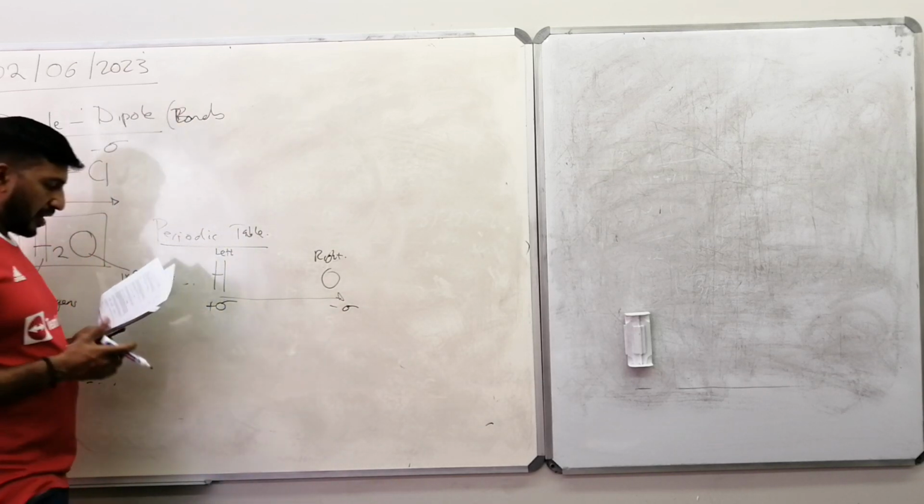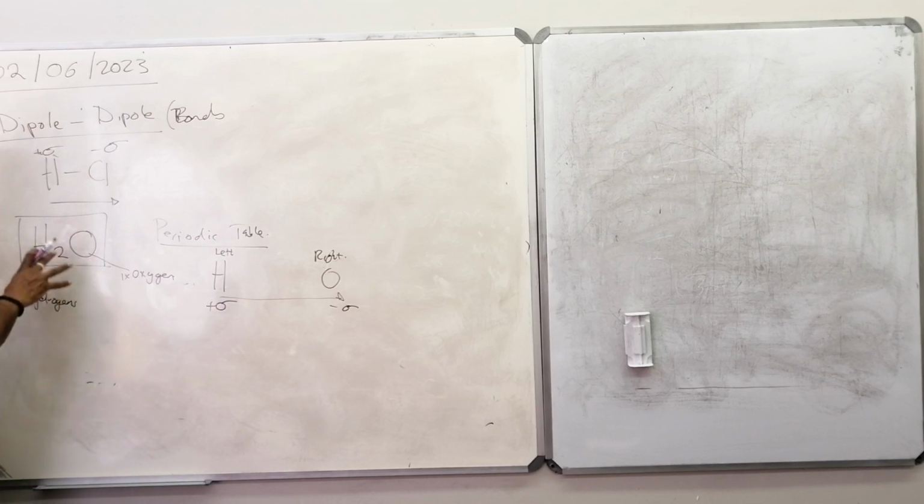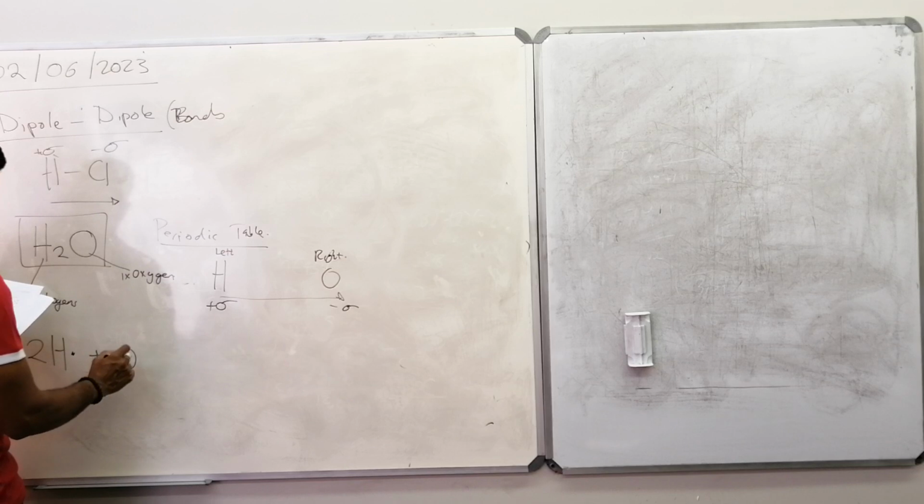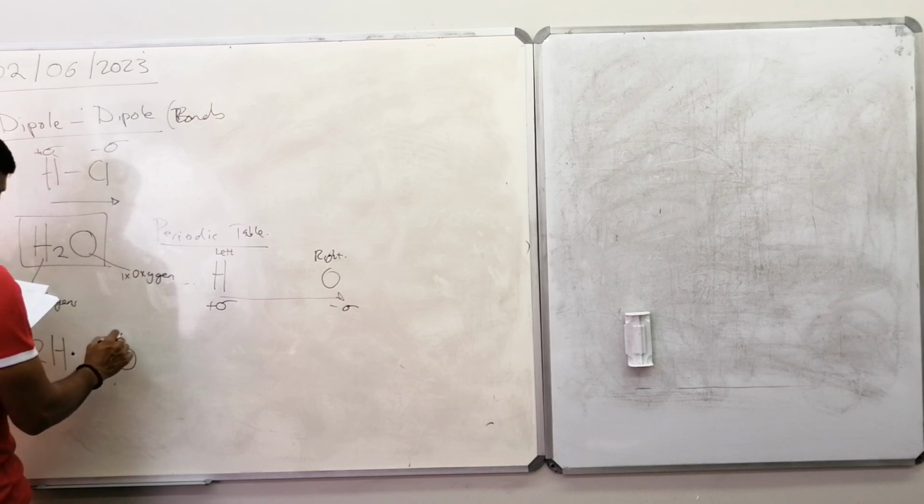Now, in terms of drawing this, remember, we need to look at the valence electrons. So for H, we got 2 H's, each with a dot here, and we've got oxygen. How many valence electrons are around oxygen? 6.